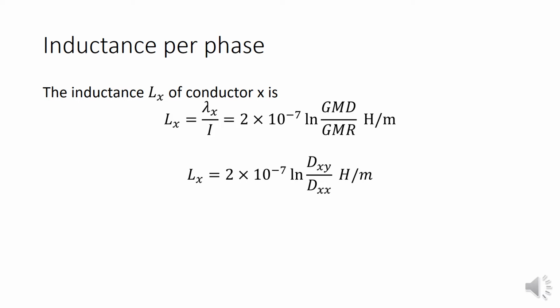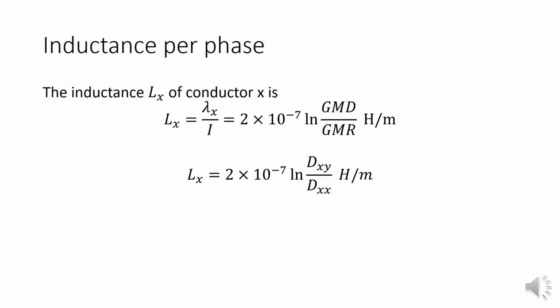We are not going to derive this equation, but it has been found that Lx is equal to 2 into 10 to the power minus 7 ln GMD divided by GMR, where ln means log base e. What is meant by GMD?